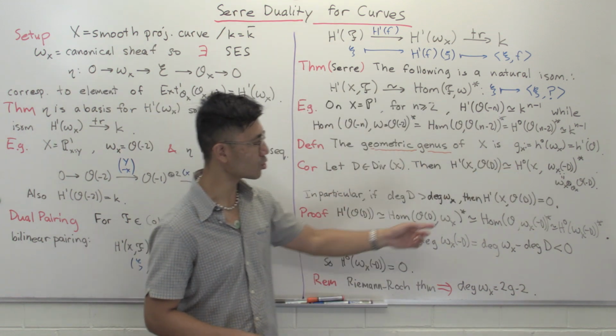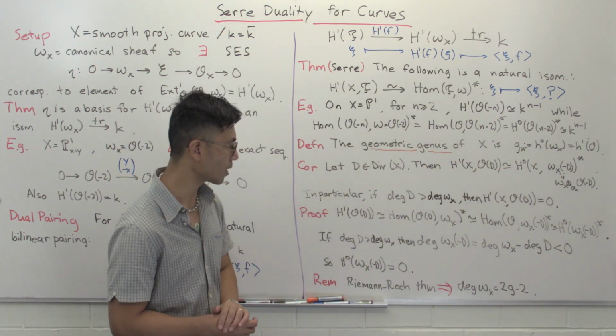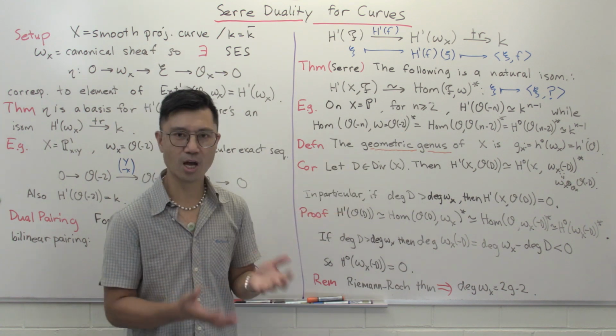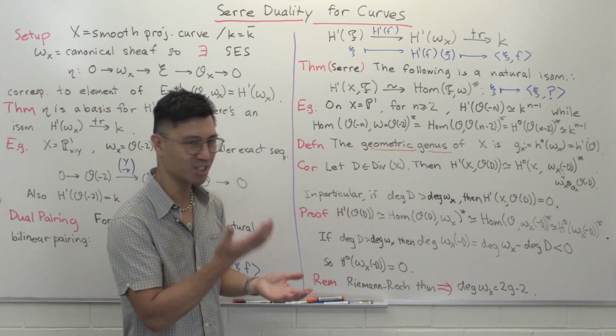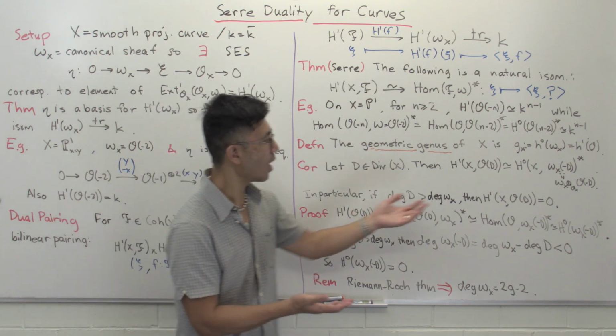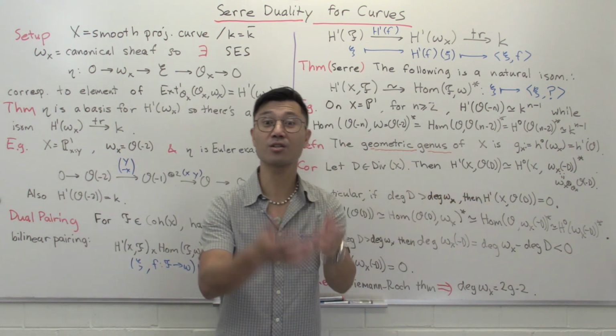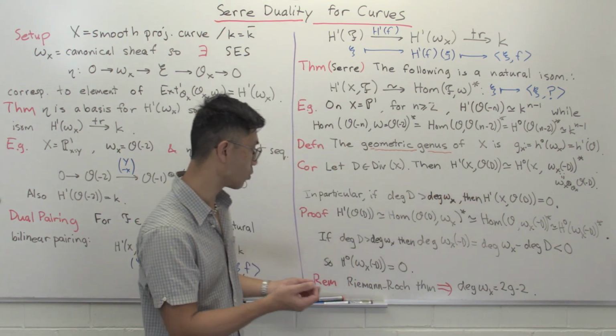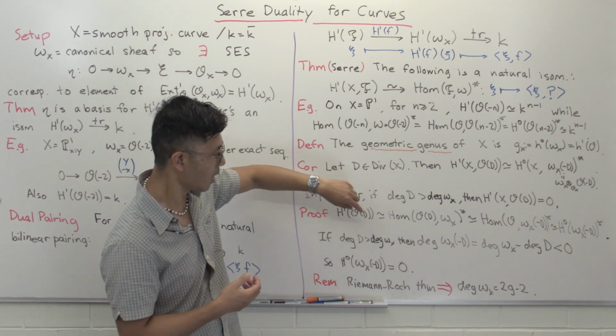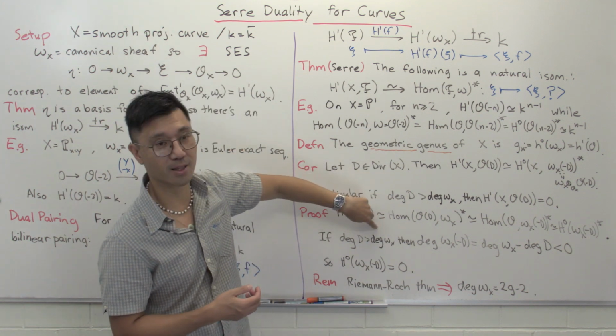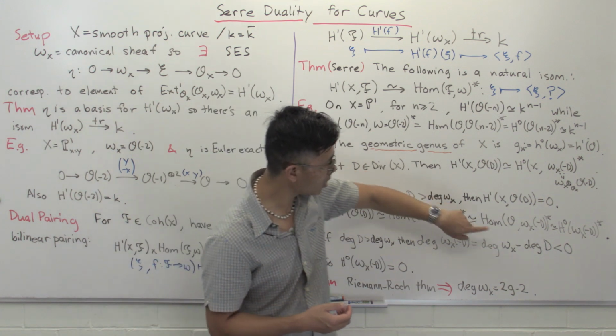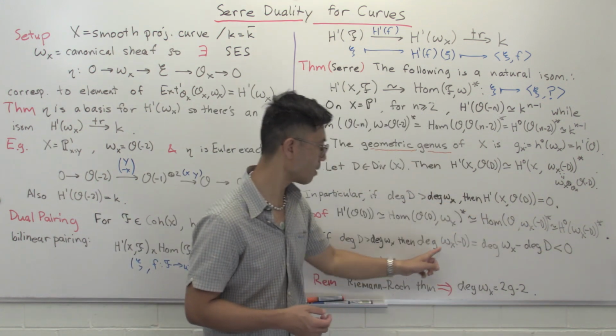And the second part is to check that this actually vanishes. The key point is that we actually have vanishing theorems for H0, and we're going to use the vanishing result for H0 to get the vanishing theorem for H1. So suppose the degree of D is bigger than the degree of omega X. What's the degree of omega X(-D)?